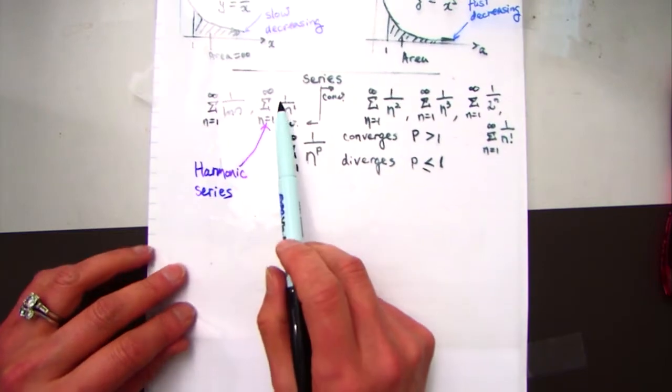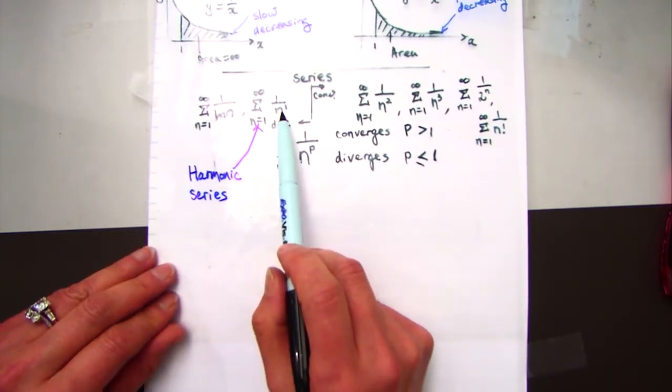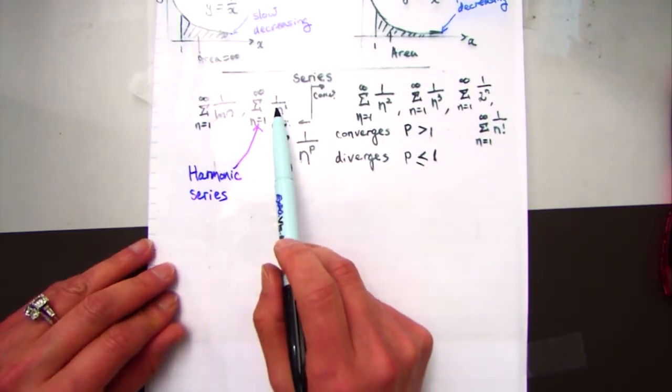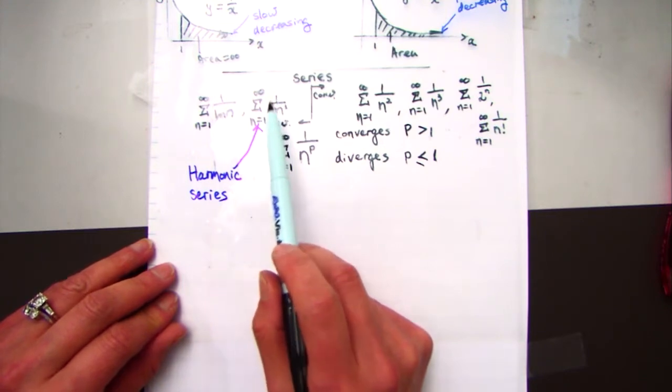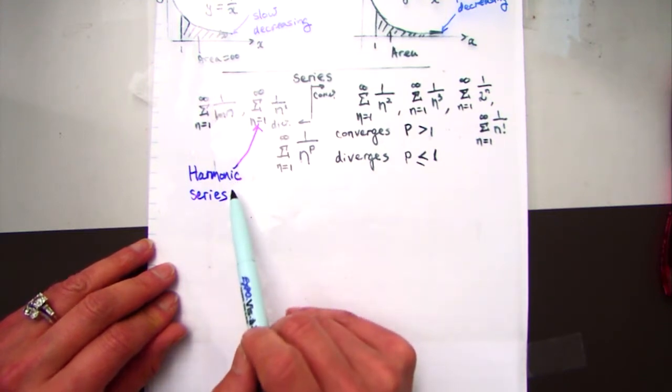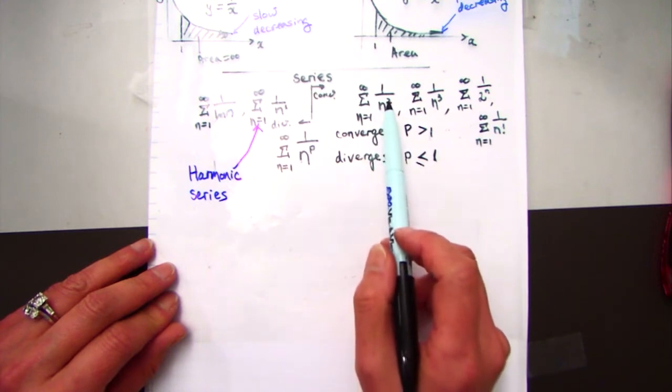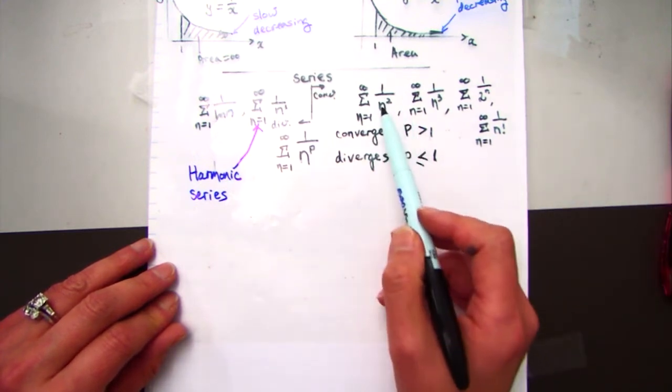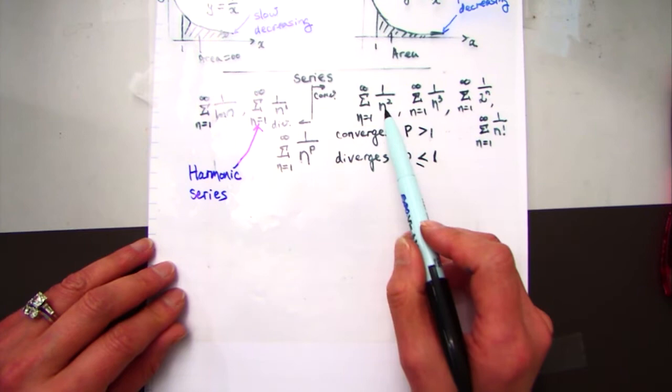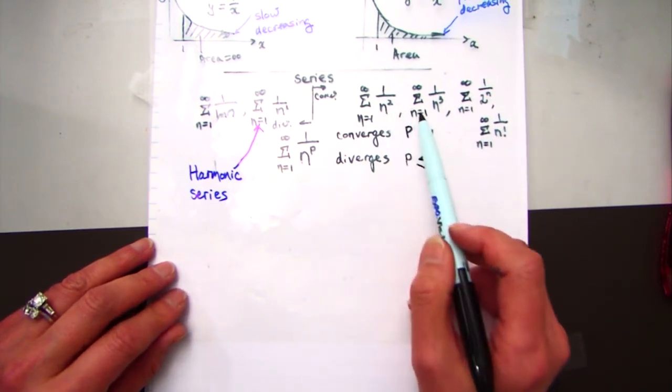And we talked about this is a divergent series because p is equal to 1, not greater than 1. That's called a harmonic series. And p higher than 1, convergent. And then again, it is about the speed of decreasing.